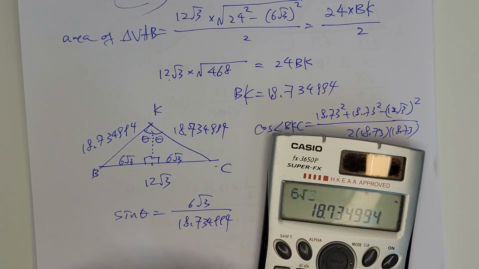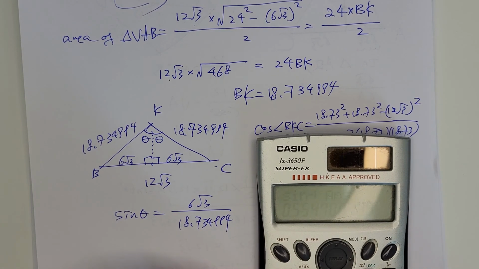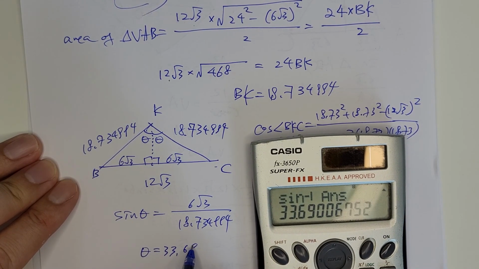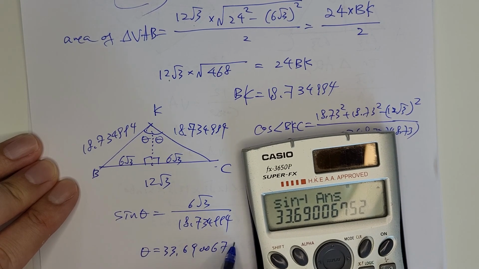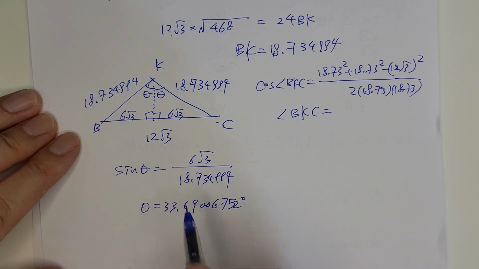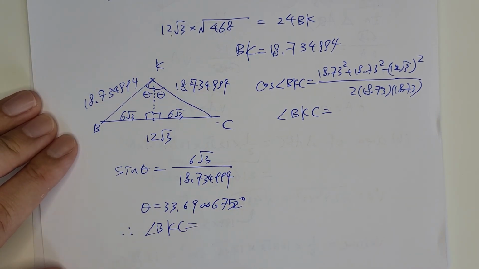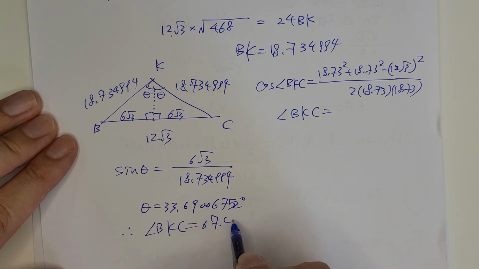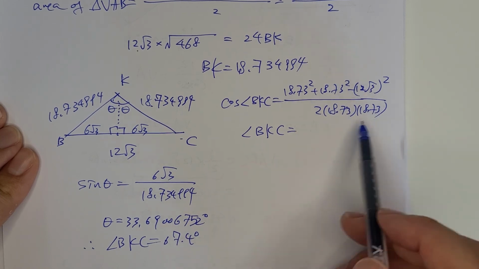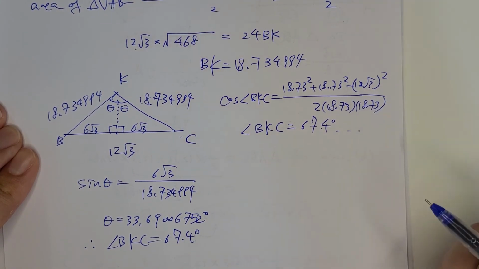So 6 root 3 divided by this answer, and then shift sine, you can find theta equals 33.69006752 degrees. But the final answer is 2 theta. So therefore angle BKC is 67.4 degrees. Of course, when you use the cosine formula, you will also get 67.4 degrees directly.